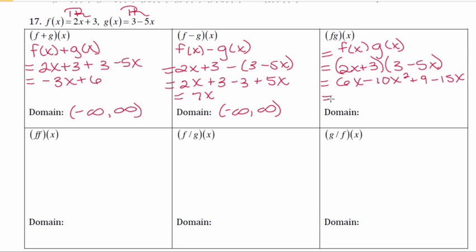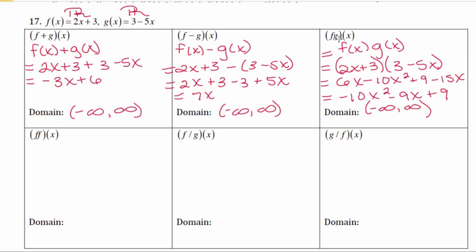Then I'm just going to combine like terms and put this in the right order. It's negative 10x squared, minus 9x, and plus 9. And then my domain, once again, is going to be negative infinity to infinity. It's the overlap or intersection of the two domains if it's f plus g, minus g, or times g.